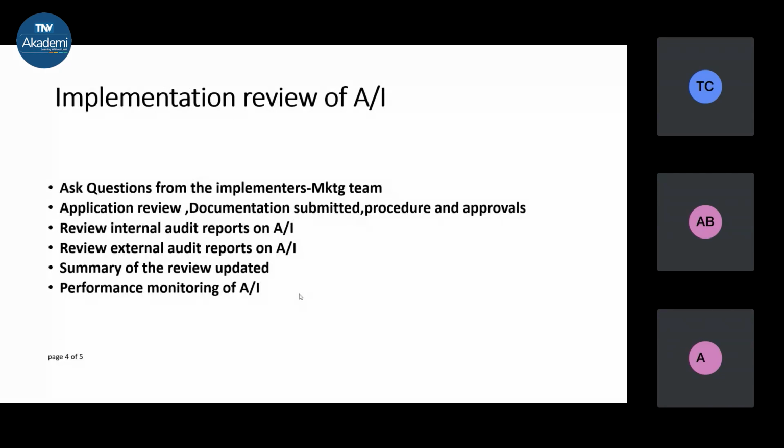Then we are getting into implementation. Ask questions is the keyword. Many times there are gaps because we don't ask questions. The moment you get a doubt on any information provided, please ask questions. Ask questions by sending a mail, by WhatsApp. There are several methods of asking questions today. So questions need to be asked so that it is implemented effectively.